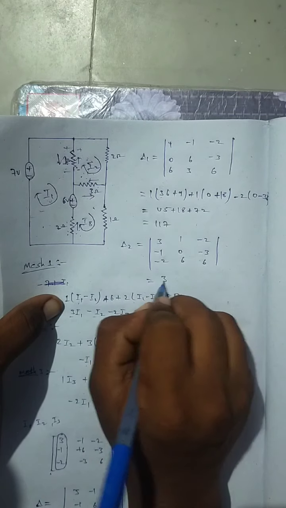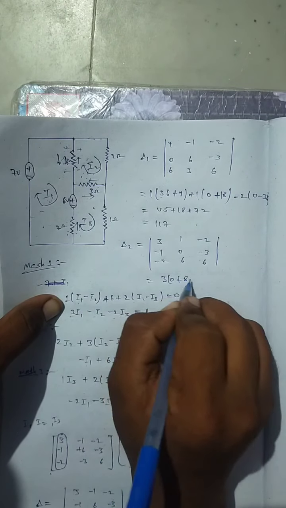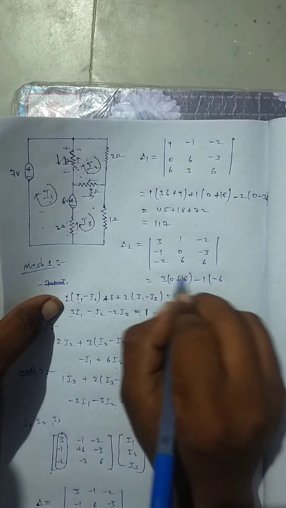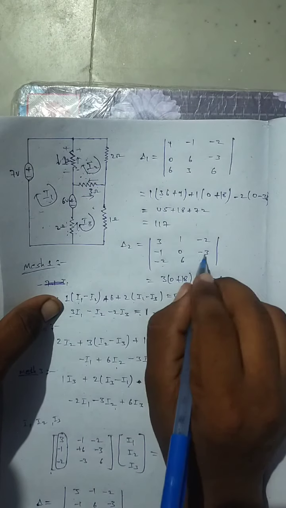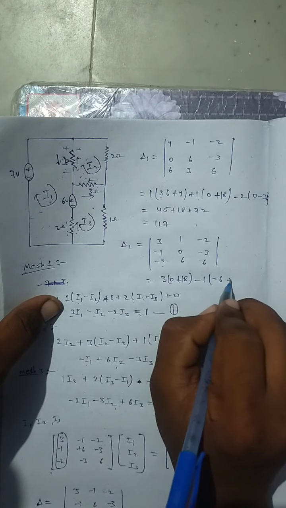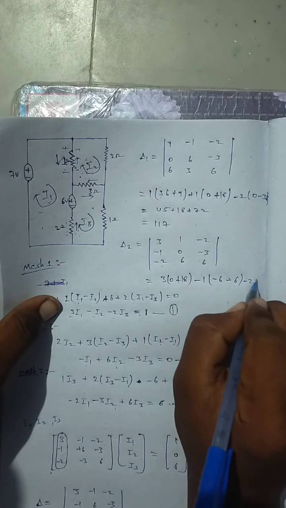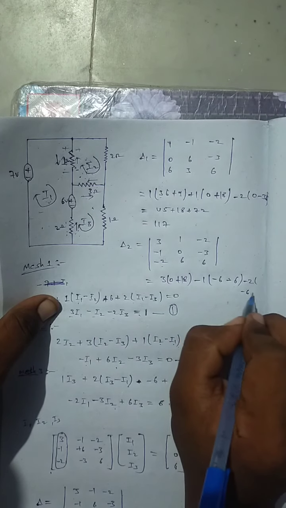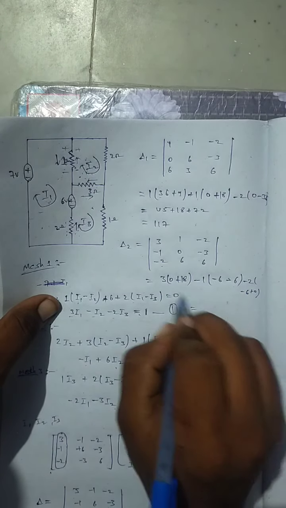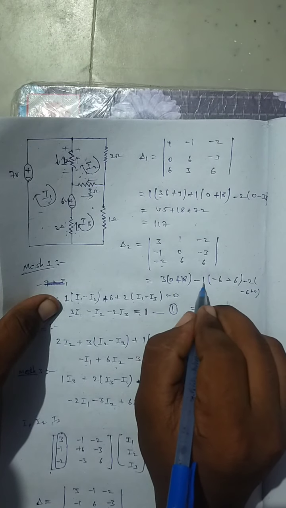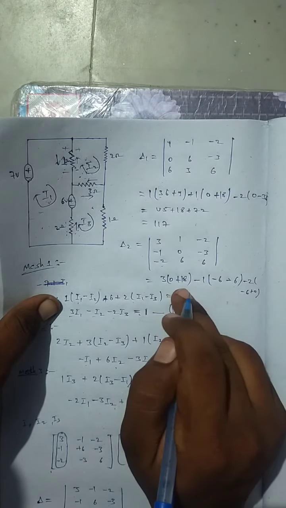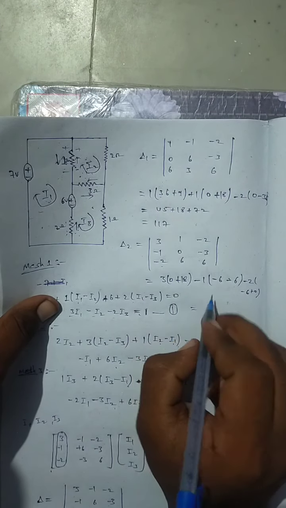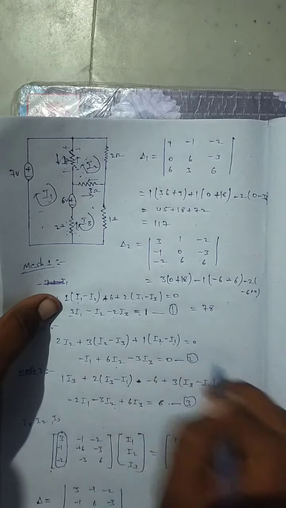Delta 2 is equal to 3 into (0 plus 18) minus 1 into (minus 6 minus 6) minus 2 into (minus 6 minus 0). Solving this, we get 78.